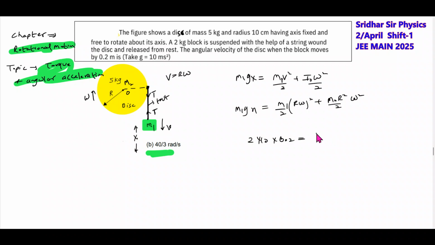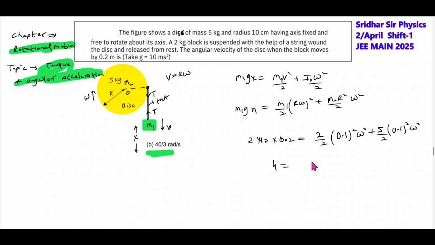Equal to m1 will be 2 by 2. Radius will be 0.1 whole square omega square. M2 will be 5 by 2. Radius will be 0.1 whole square omega square. Solving this, we'll get expression for omega.